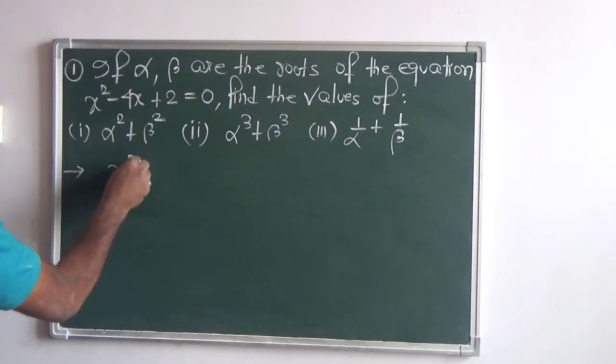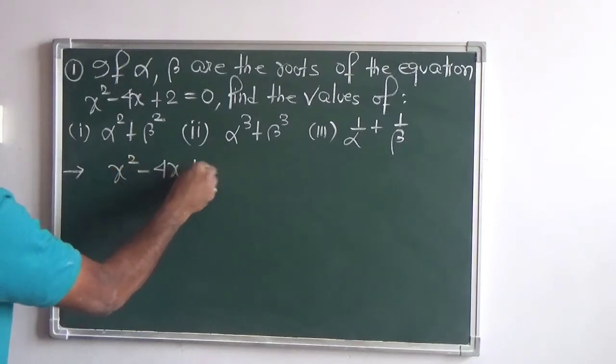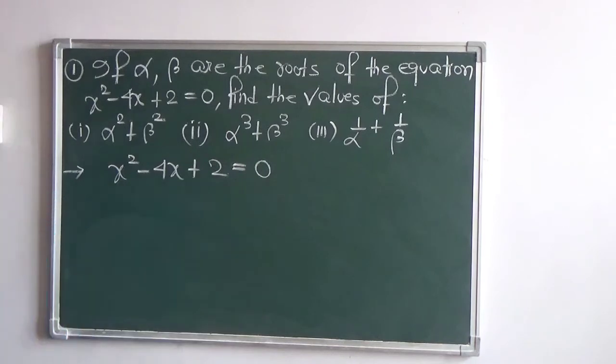So let us first write down the given equation. Now you need to first find out the sum of the roots, that is alpha plus beta, and the product of the roots, that is alpha beta.